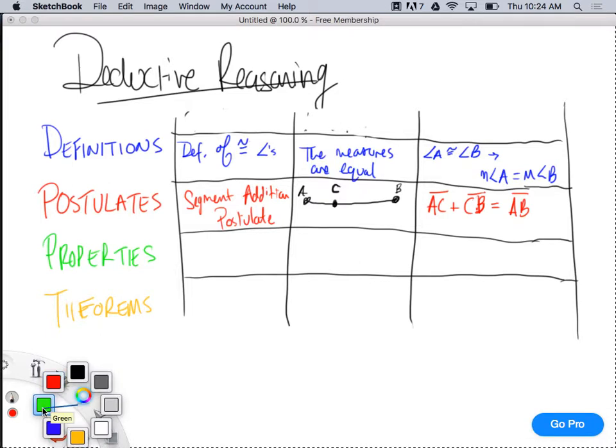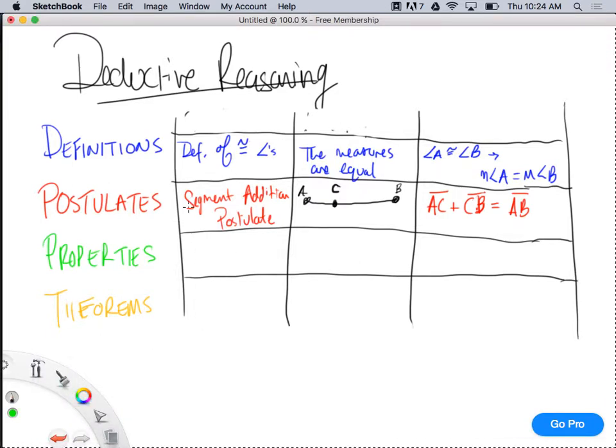Now, properties. Properties could be like the addition property of equality, right? And what does the addition property of equality say?